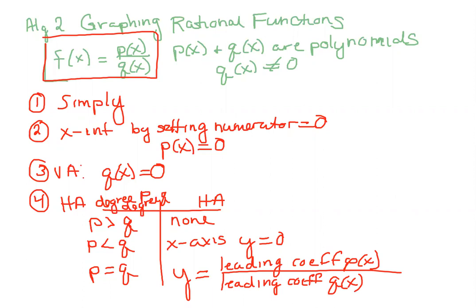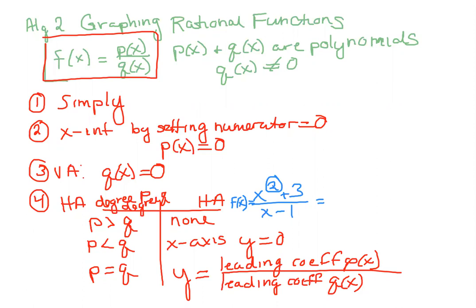Okay, p is greater than q. That means it would be something like x squared plus 3 over x minus 1. The degree of the numerator is 2, and the degree of the denominator is 1, because the exponent of x is 1.